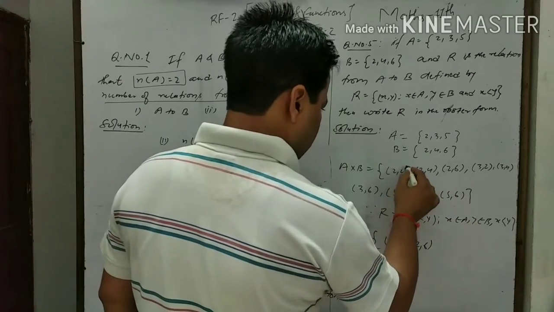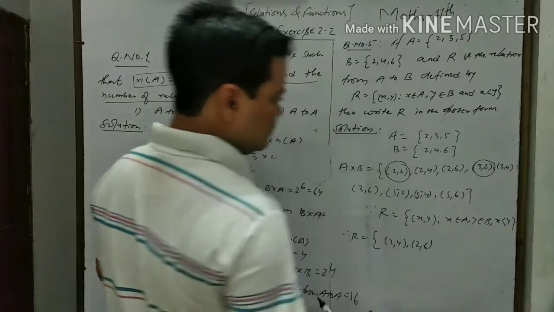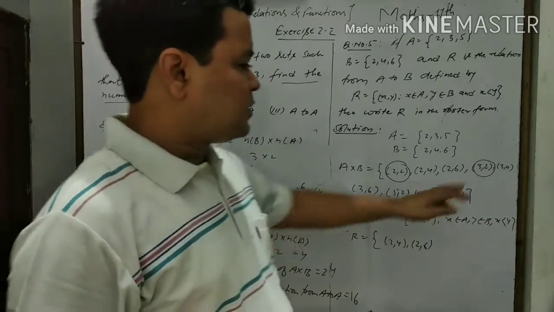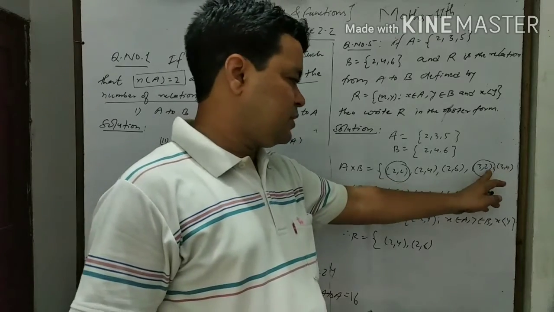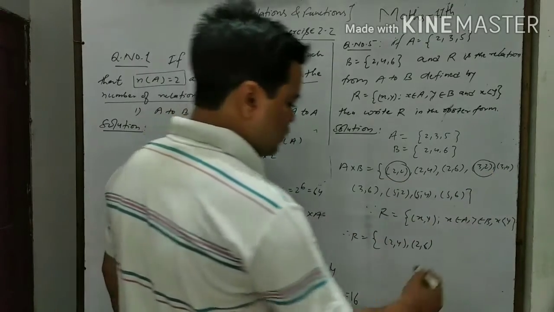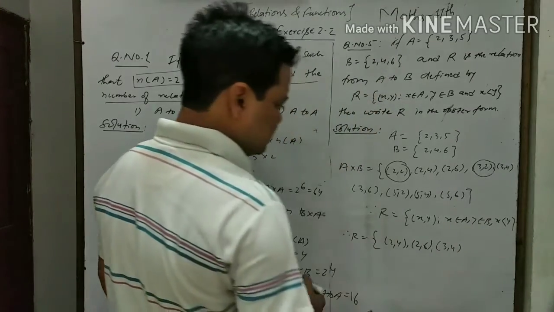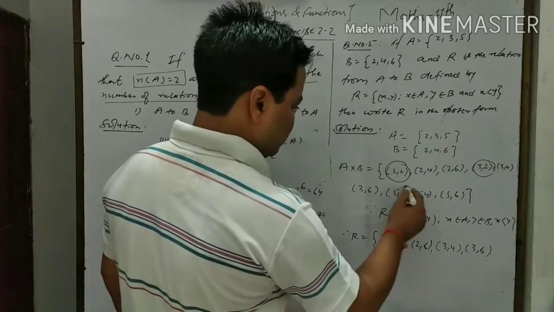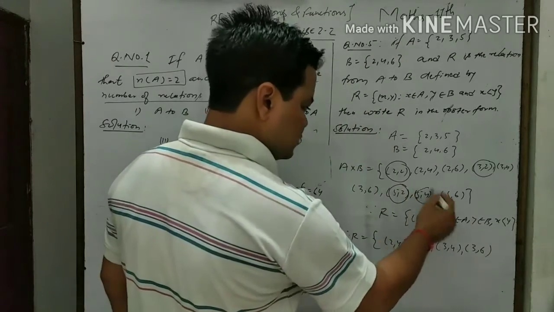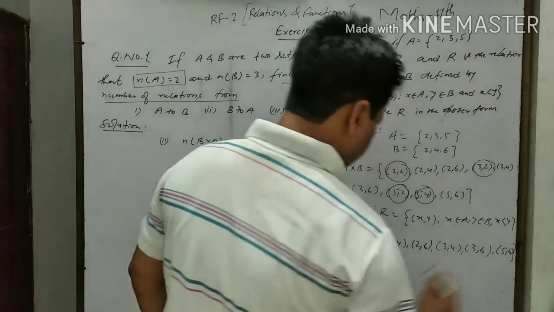Here (2, 2) is not possible according to the definition, because the first term x should be less than the second term. Here (3, 2) is not possible, but (3, 4) is possible, and after that (3, 6) also. Then (5, 2) is not possible, (5, 4) is also not possible, then here (5, 6).